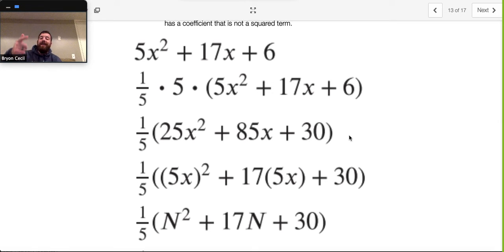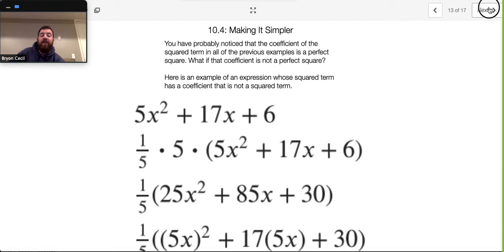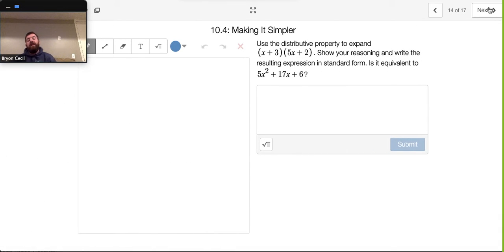Now, we got to at some point get that back down, and so what we do is we're technically multiplying by a 1, because we're taking 1/5 times 5. We know those together equal 1. We're just going to multiply by 5 at first, then we're going to multiply by that 1/5 at the end to reduce it. Okay, still get an equivalent expression.